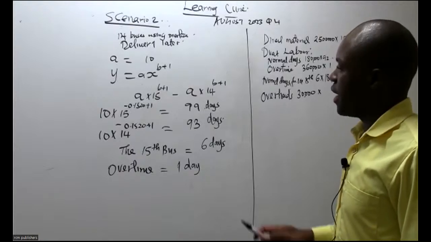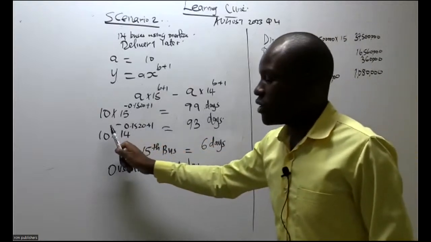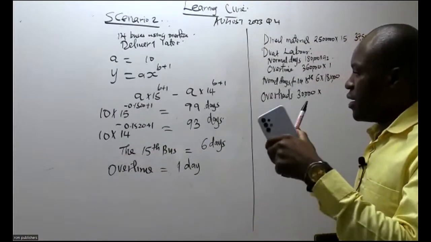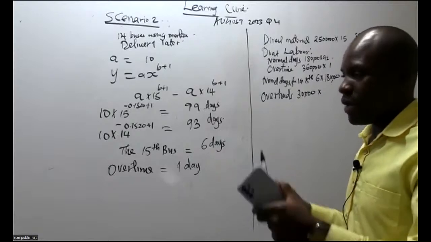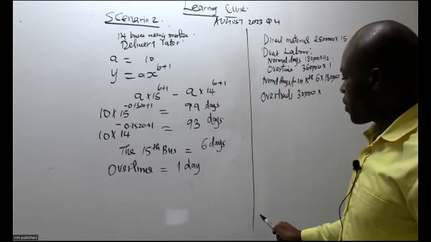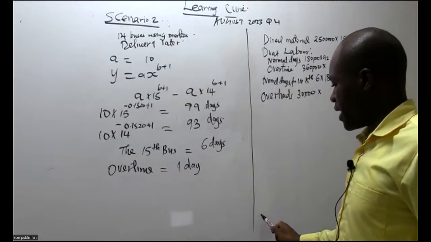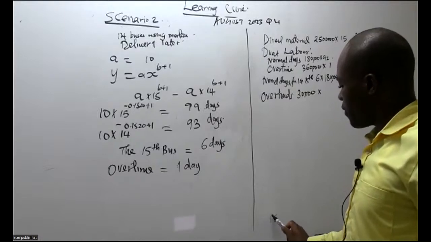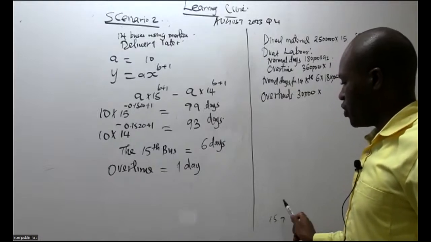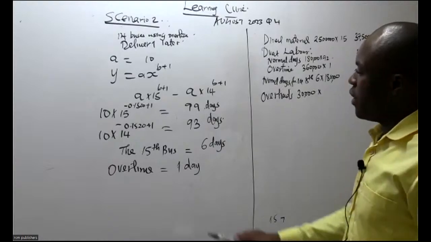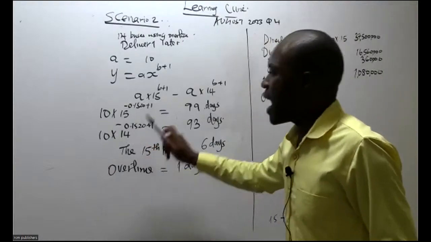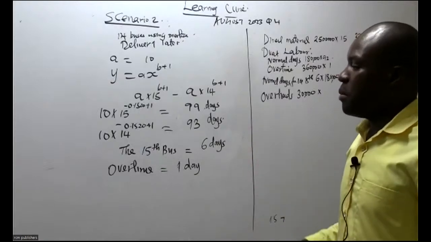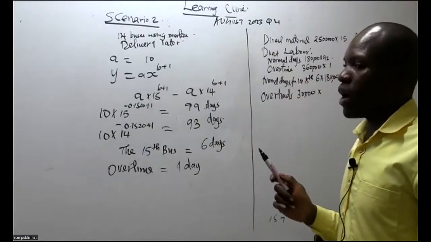Now, during the production of the 14 buses, within the time allowed, you are told that if you are given this tender or contract, you need to complete it within 15 days. If you go beyond 15 days, for the extra days, we are going to charge you. But this person has said, the first 14 buses, I will work overtime and deliver them within that particular time. But the extra bus, I cannot work within the deadline.